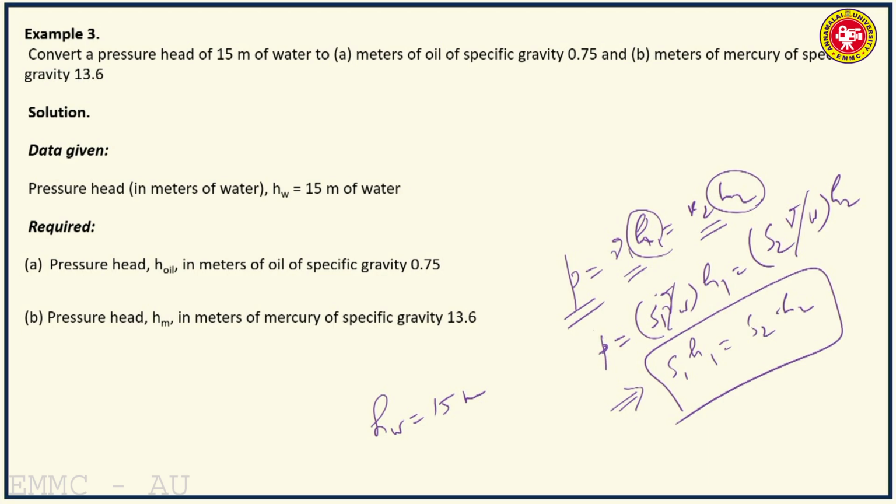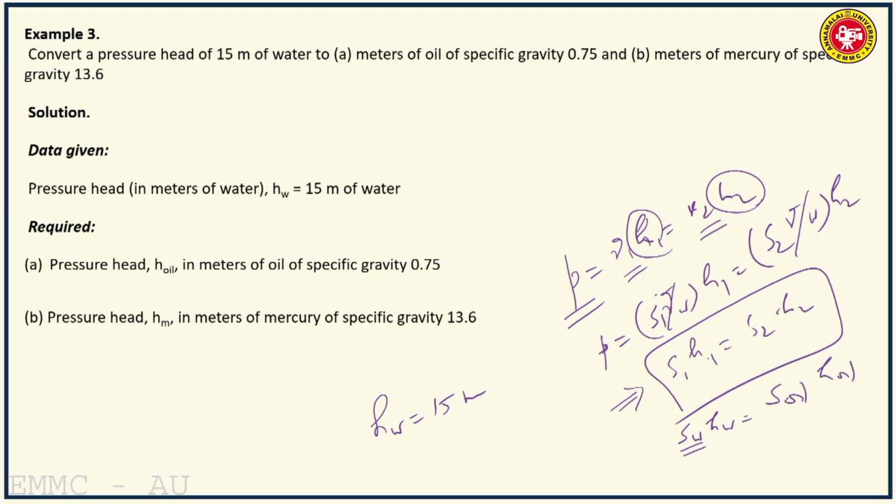This is only when you operate with specific gravity and the head that you can use this equation. The product of specific gravity and head of liquid will not give the pressure intensity. So, I have SW HW equal to S oil into H oil.